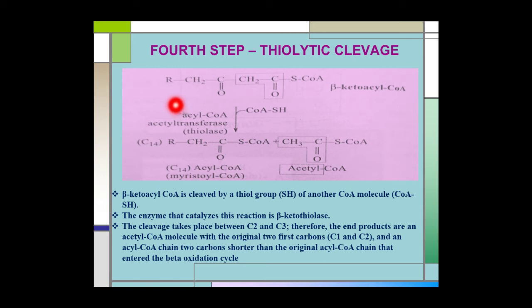The cleavage takes place between the second and third carbon. Therefore, the end products are an acetyl coenzyme A molecule, and the original fatty acid chain gets shortened by 2 carbon atoms. And this C14 carbon chain again enters the beta oxidation cycle.